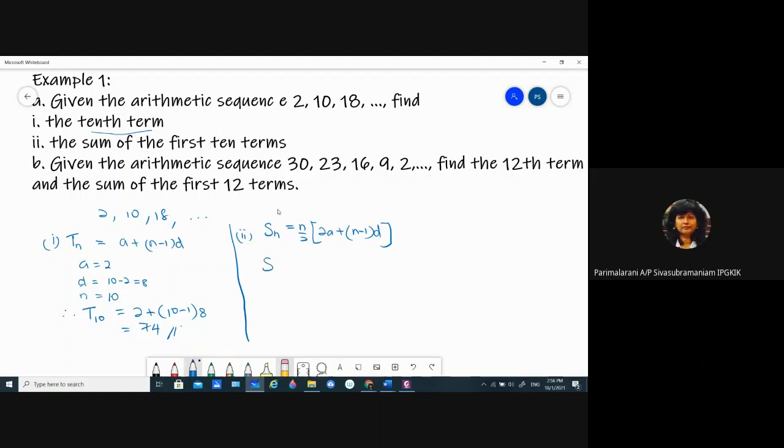We want the sum of the first 10 terms, so this is S10. S10 is 10 over 2, times 2 times a, which is 2, plus n minus 1, which is 10 minus 1, times d, which is 8. So how much is this?